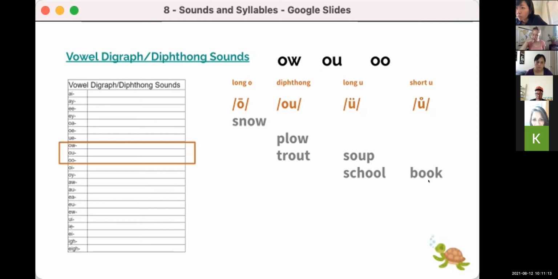I think this is the class where someone said, how do I know which one it is? And if you ask some native English speakers, they will say, it just sounds right. And that's not very helpful when you don't know what it's supposed to sound like.